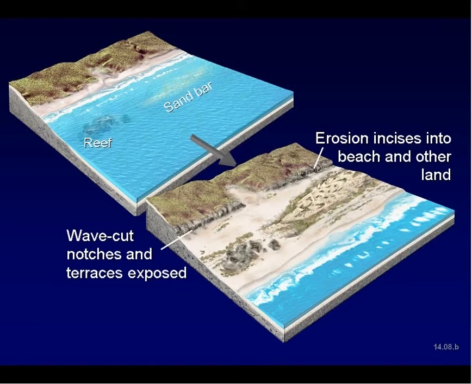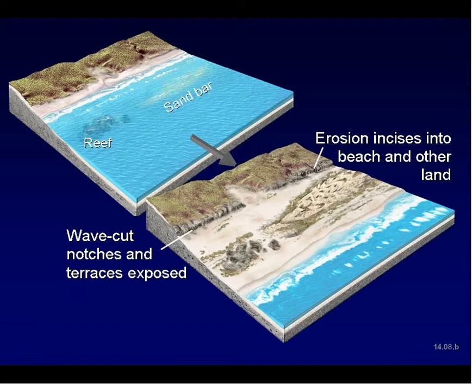So other features we've got here. We talked about in class wave cut notches when we were talking about erosional landforms or erosional processes. We've got a notch here, so we could get notches and also marine terraces. So these are these wave cut platforms which are then exposed.